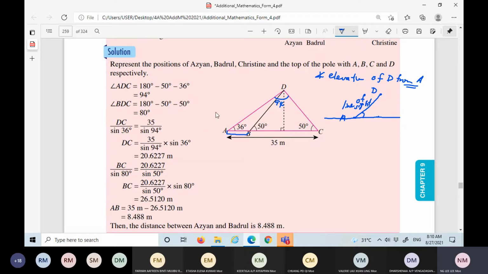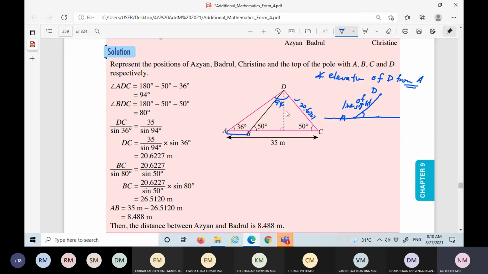Here they solve for DC. They use the sine rule with the 36 degrees, and this 94 degrees with the 35 meters, and they got 20.6227 meters.